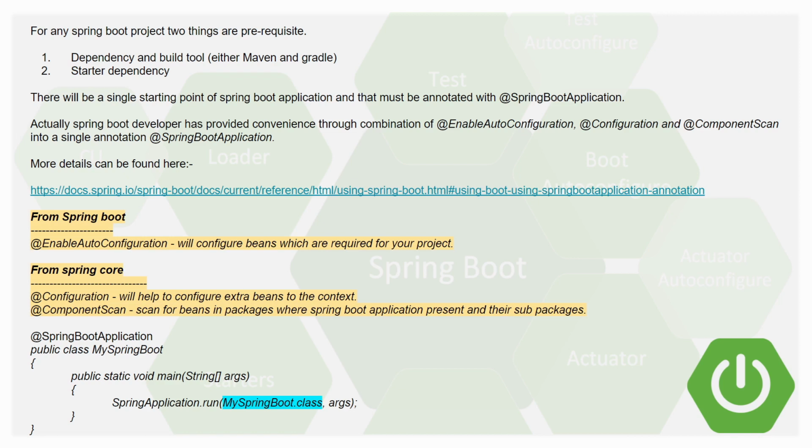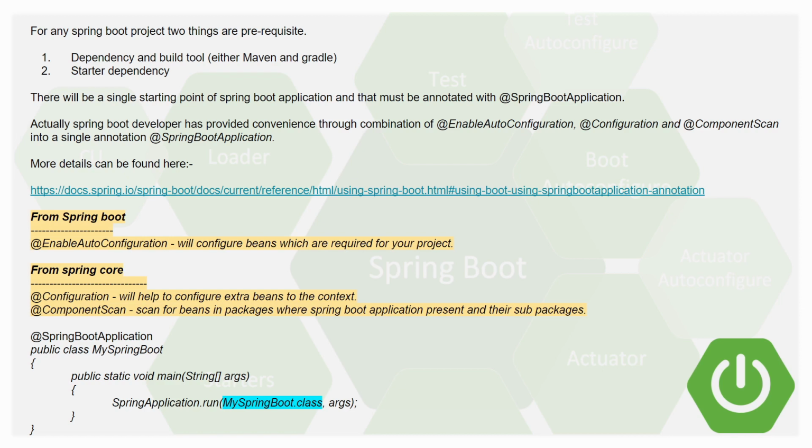So now you see there is a class given, MySpringBoot, and this class is annotated with @SpringBootApplication. So this is the place from where a Spring Boot application will start. This will be the starting point of your Spring Boot application.